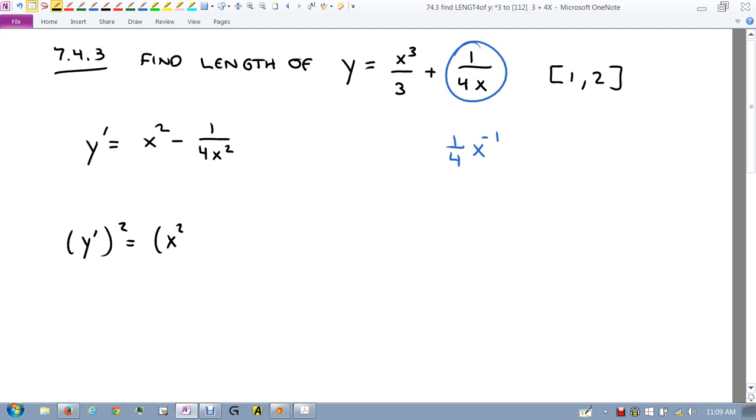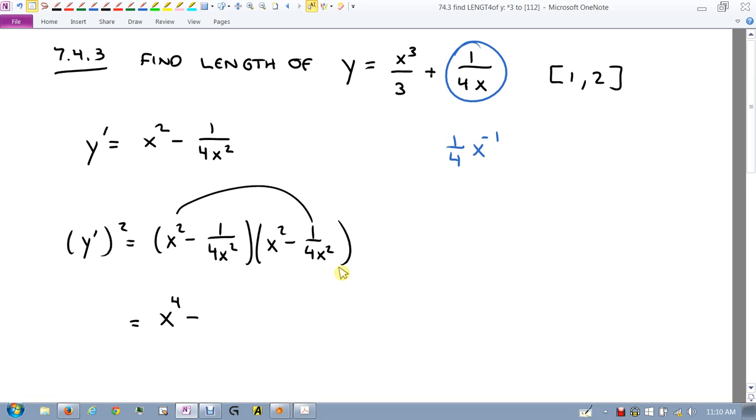So that means x squared minus 1 over 4x squared times itself, x squared minus 1 over 4x squared. And then go ahead and expand this out. You should get x to the 4th minus, anyone? Anyone? What's this times this? What's x squared times negative 1 over 4x squared? Negative 1 over 4, right?